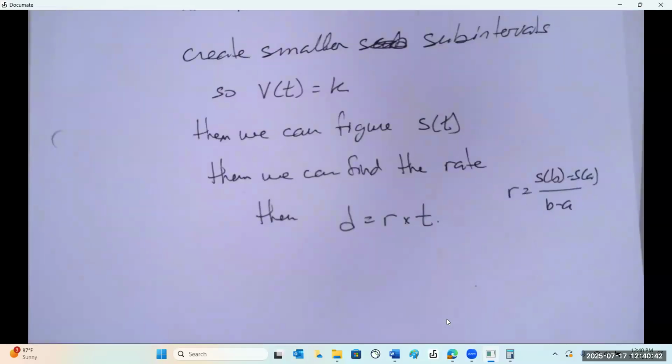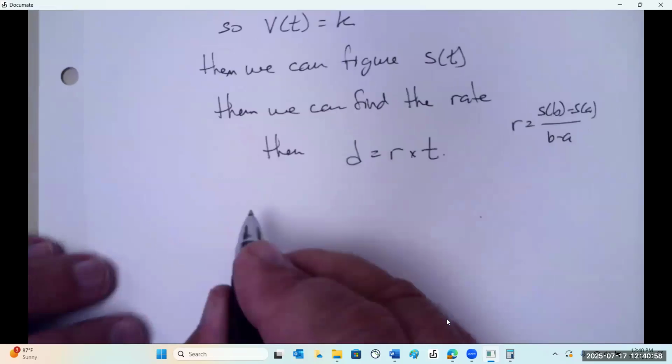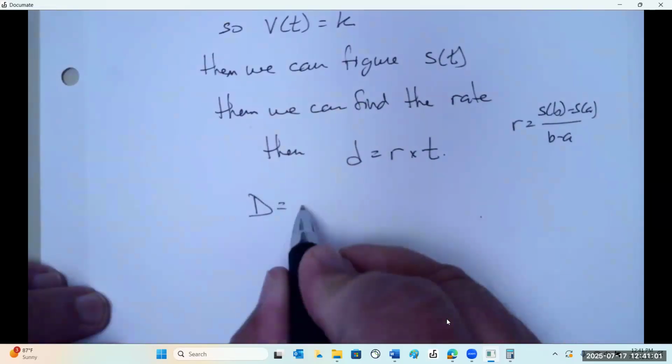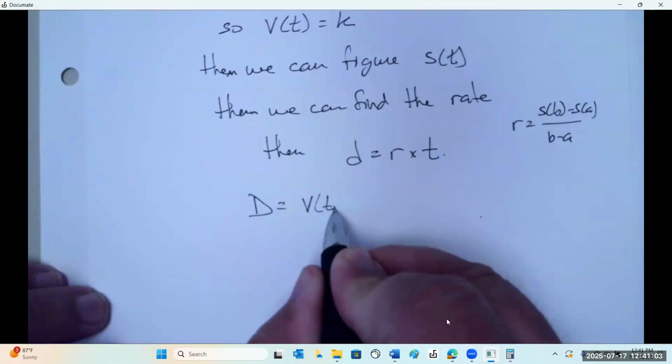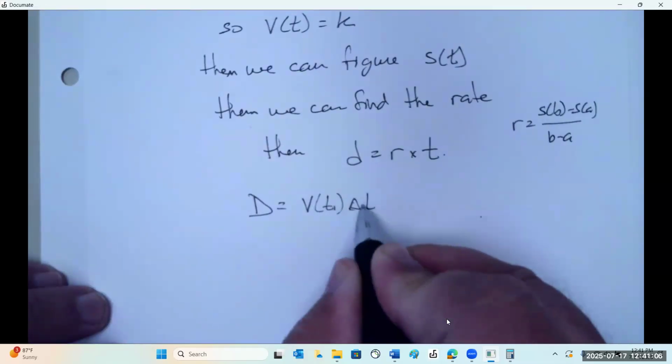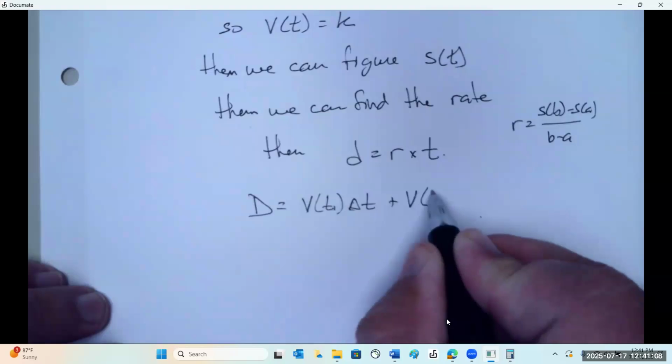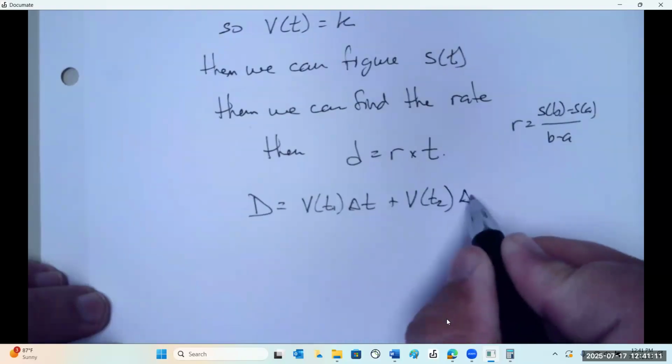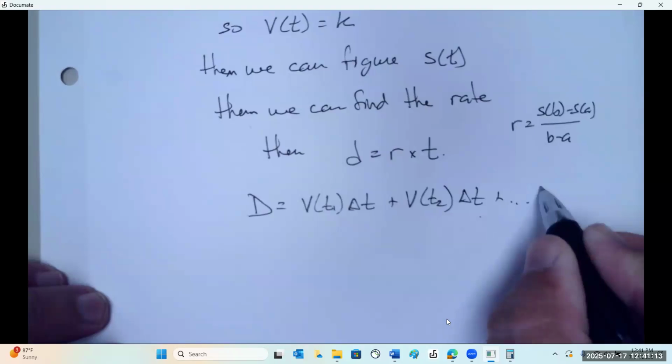Let's look at an example. So let's look at this example. Example 1. So the true distance is equal to, and so on and so forth.